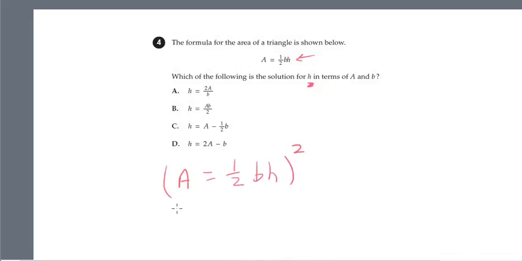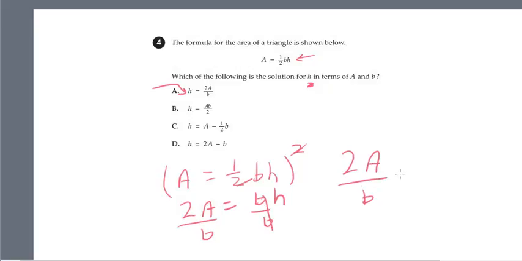So then that'll give me 2a equals, these cancel out, b times h. We're trying to get h by itself, so we're going to divide everything by b. So my resulting answer will be 2a over b equals h.